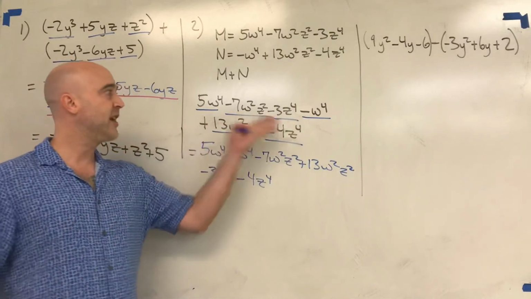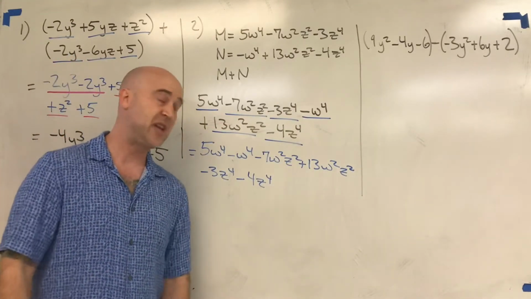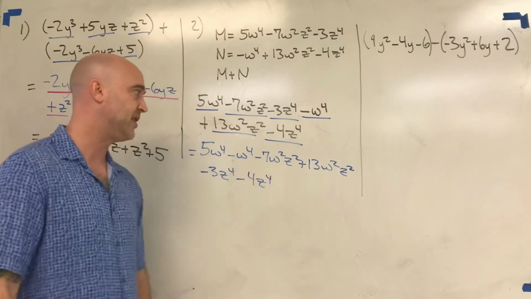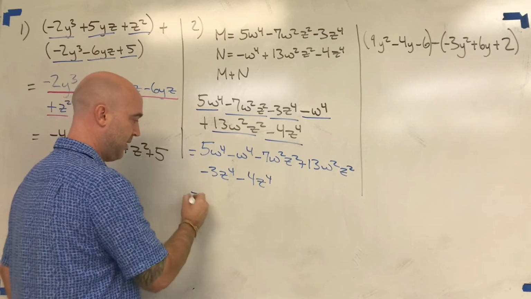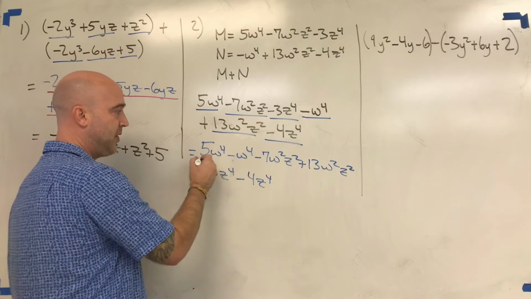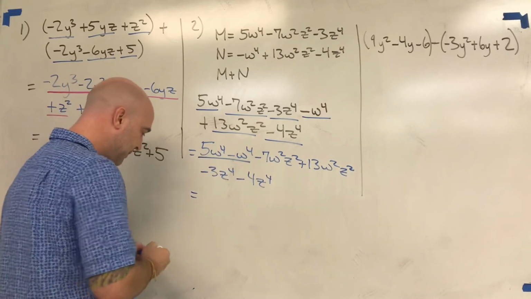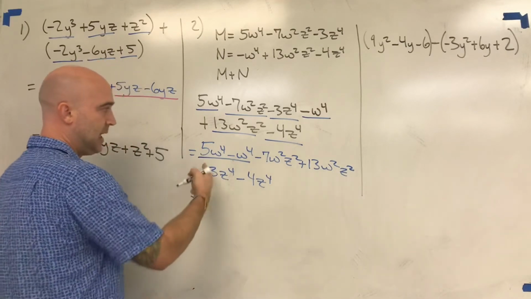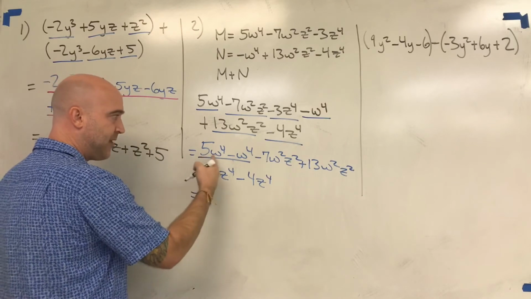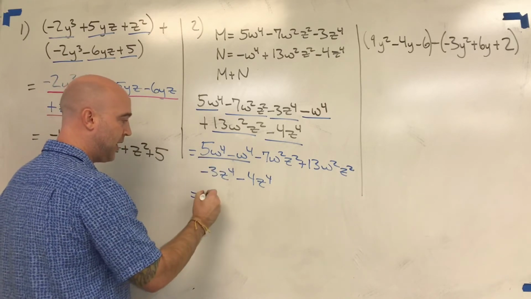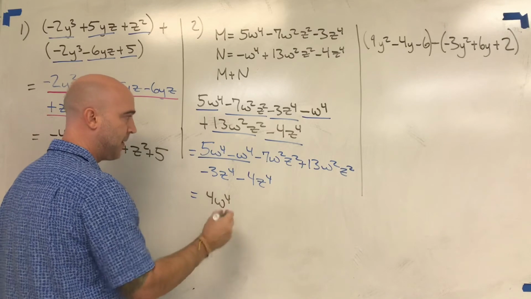Notice how the underlining makes sure that we don't lose something. It's very common to get lost in all these and miss something. So these go together. Switch back to black. That would be 5w to the 4th minus 1w to the 4th is 4w to the 4th.